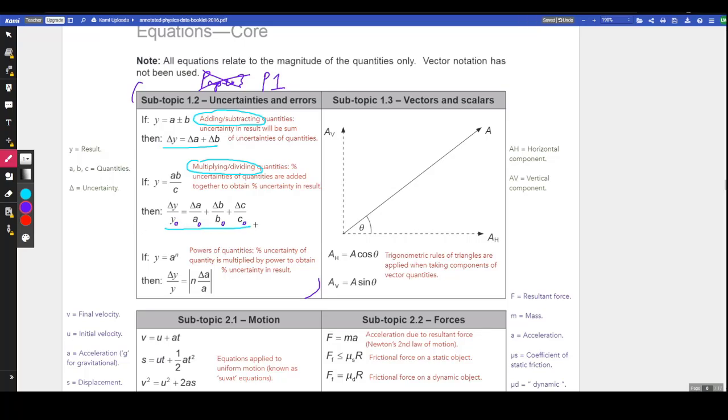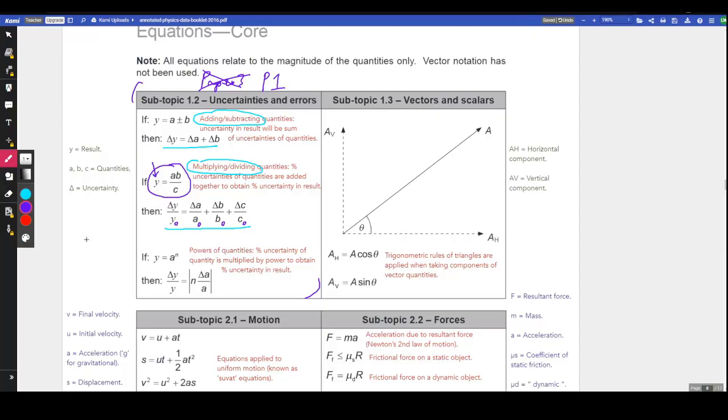The misconception that I find, and also where the exam would like to trap you, is you have to make sure which quantity is the main term.